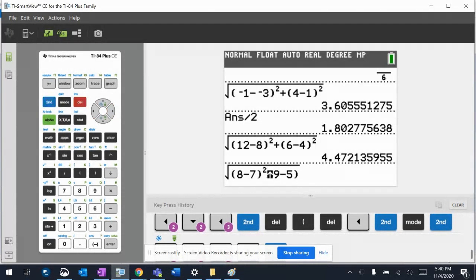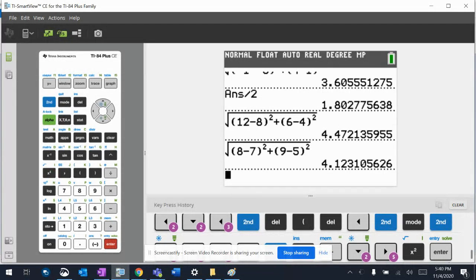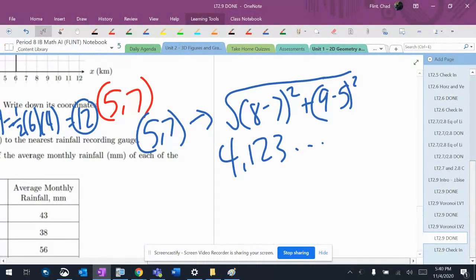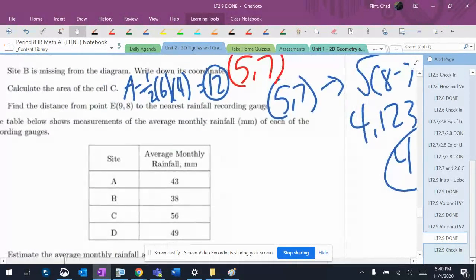All right, let's try this again. Insert my plus. And then a squared. So 4.123 is my distance. It doesn't say nearest anything, right? So we're going to go to the hundredth again for right now, 4.12. So there's my answer to that one.